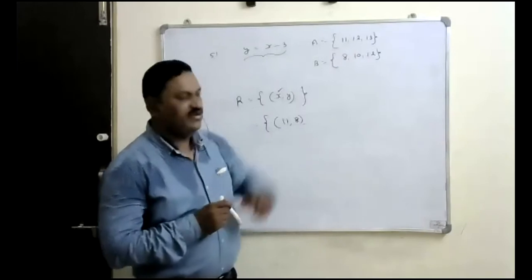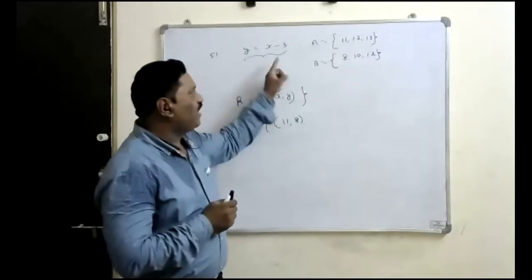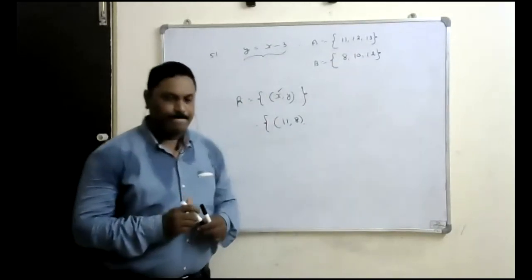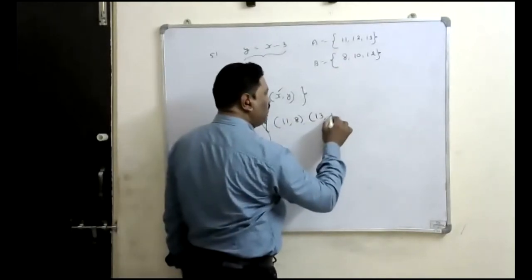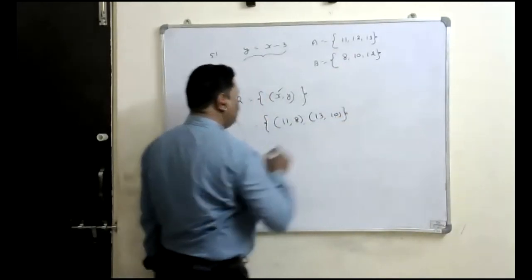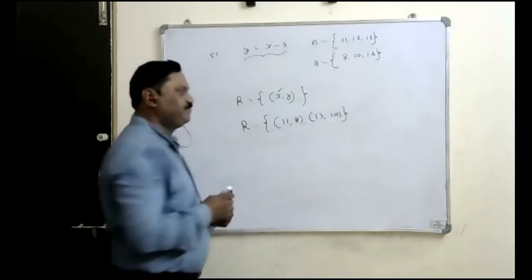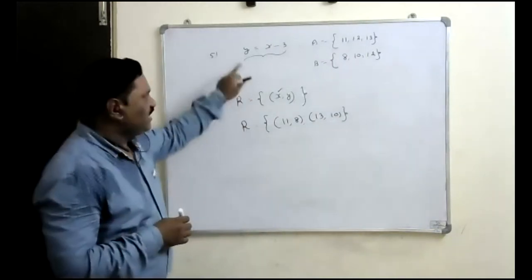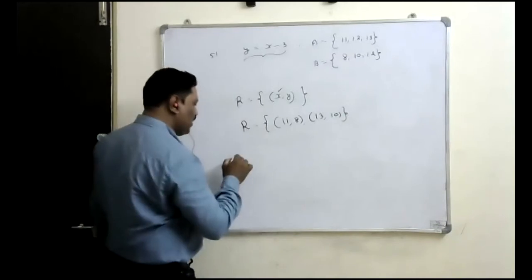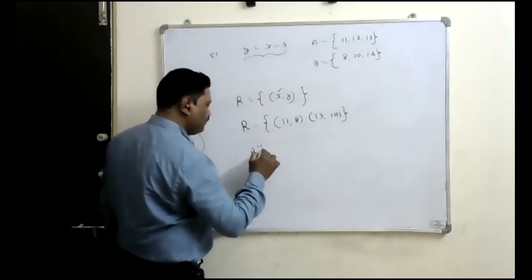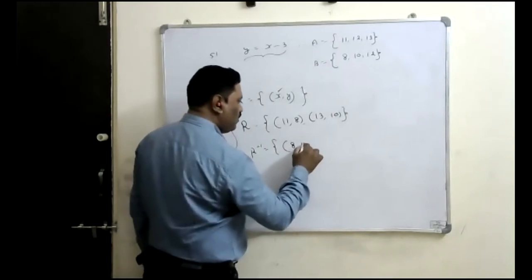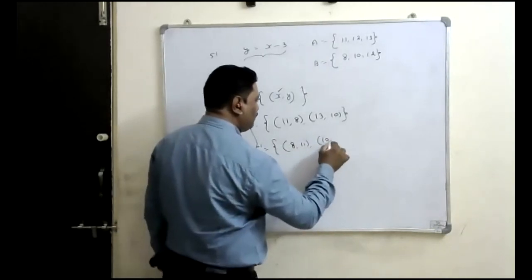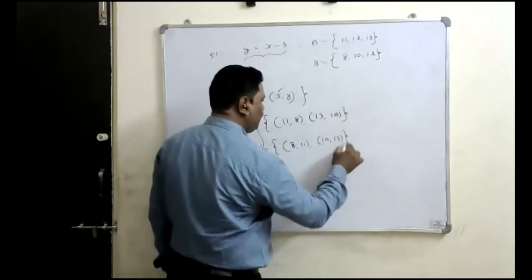Now if I take x equal to 13, what is y? 10. Yes, so we can take the ordered pair 13 comma 10. So this is the relation R. Now tell me, what is R inverse? 8 comma 11, 10 comma 13. This is R inverse, and this is R.